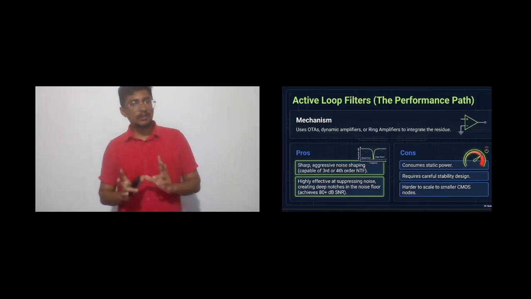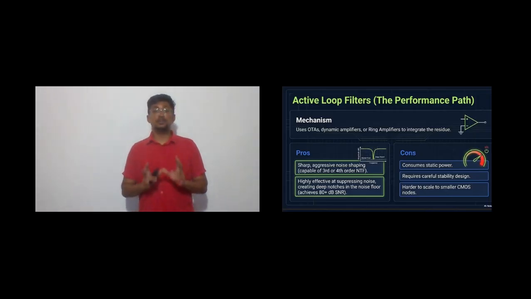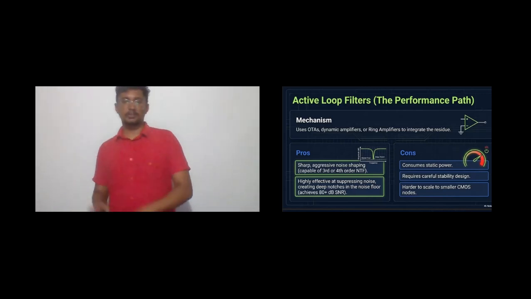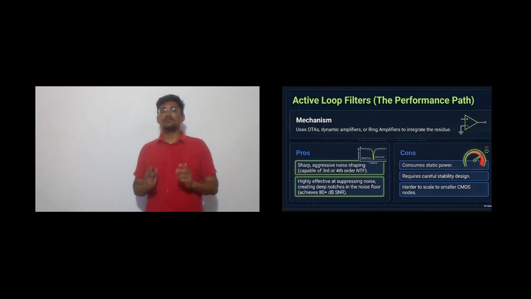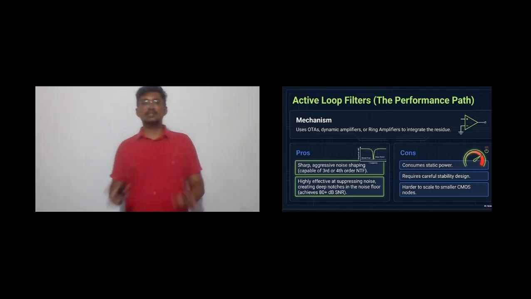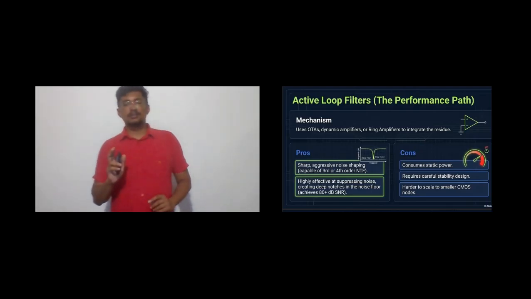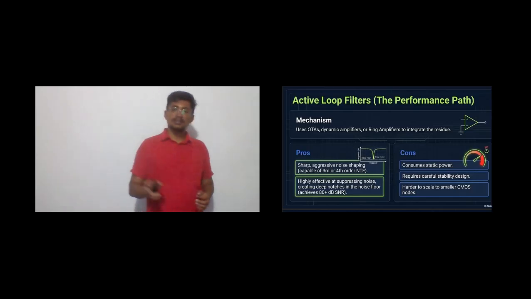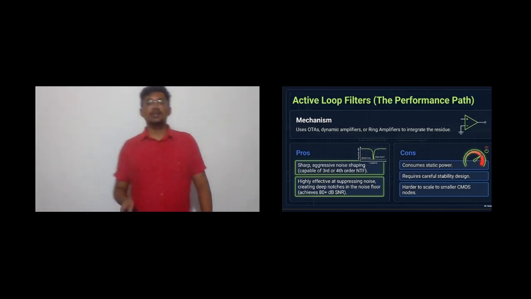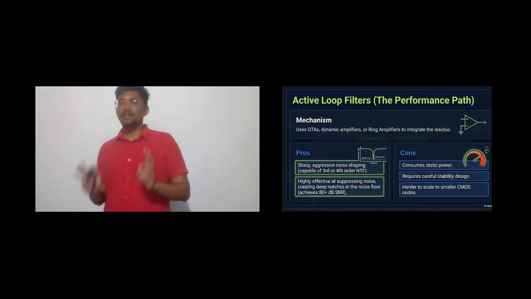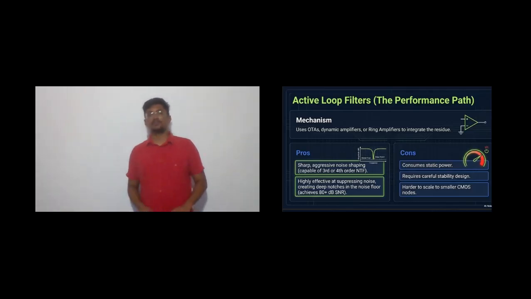By adding this active amplification, you can achieve a true high-gain integration. This unlocks sharp, aggressive noise shaping, making third order or even fourth order transfer functions highly achievable. If your target demands high dynamic range and an SNR of 80 decibels or more, active integration is virtually mandatory to deeply suppress the in-band noise floor.